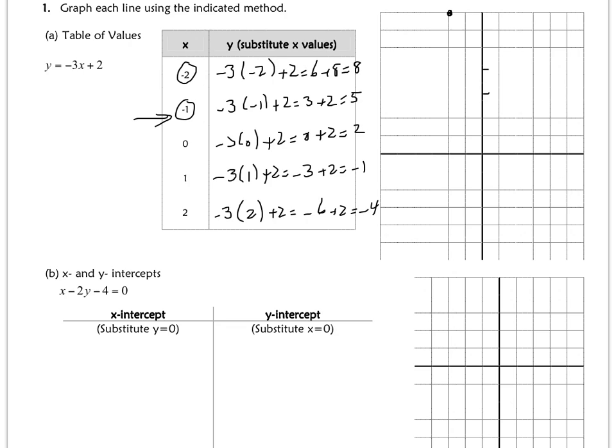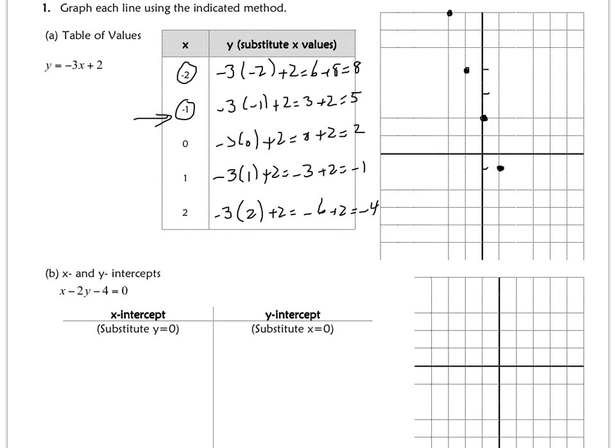1, 2, 3, 4, 5, so it's going to be a point, hopefully it's going to be here. Then is 0 and 2, 0 and 2 is going to be here. Then the point 1 and negative 1, x is 1, y is negative 1, which is going to be here.